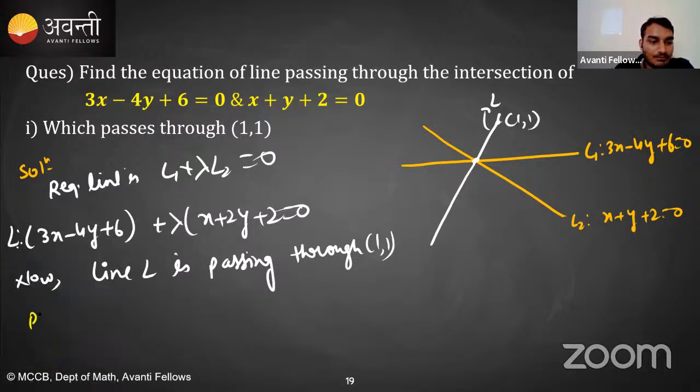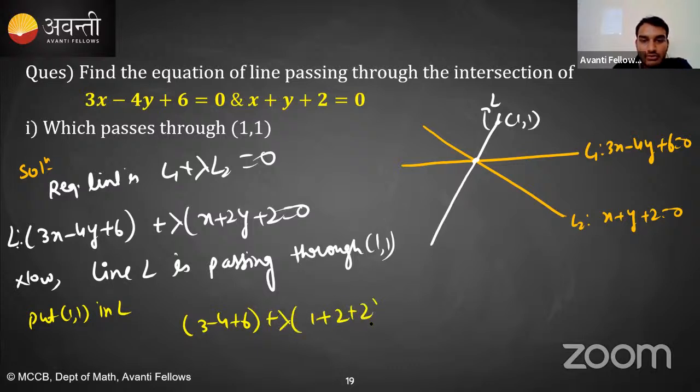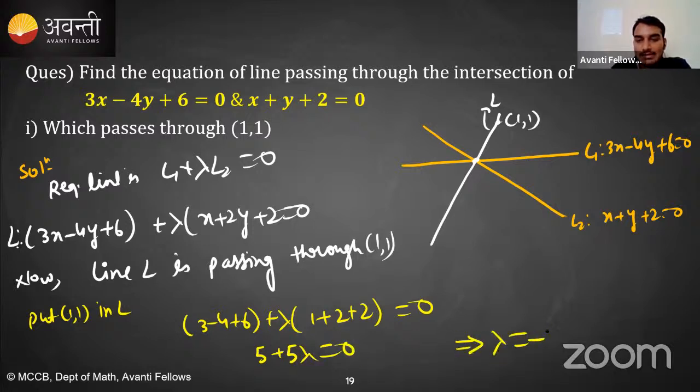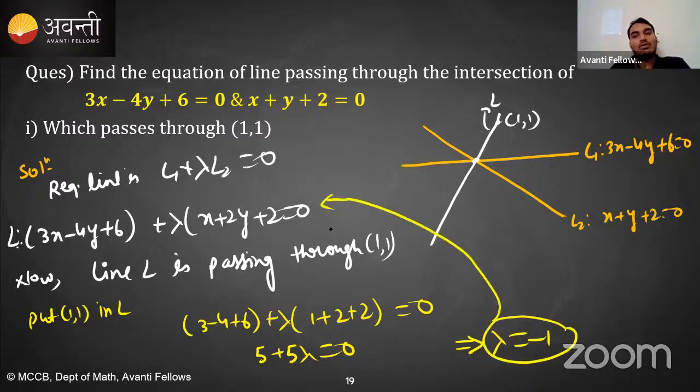So put (1, 1) in L. What will you get? 3 minus 4 plus 6 plus lambda times (1 plus 1 plus 2) is equal to 0. So this is nothing but 5 plus 4 lambda is equal to 0. What is lambda? On putting this lambda here, you will get your line.